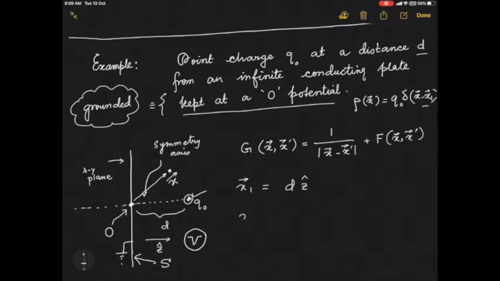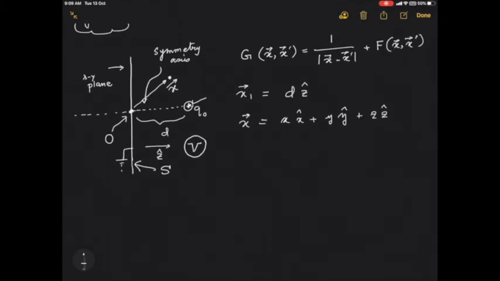So if I take any other point where I want to calculate the potential which is inside my volume, so that x is essentially... so one thing I realize is that I have a symmetry in the problem about the z axis.